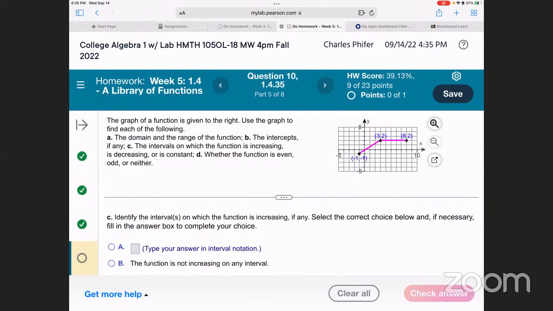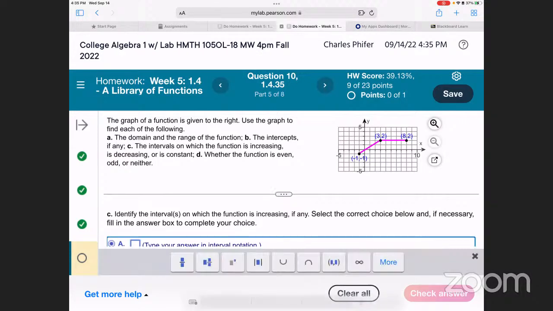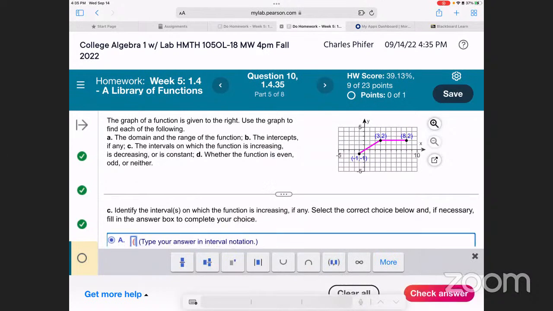Increasing, decreasing, or constant. So if we look at the graph, as you trace the graph from the left to the right, it's increasing as x goes from -1 to 3. So for the discussion of increasing, decreasing, and constant, we use parentheses. We said as x goes from -1 to 3, close parentheses.